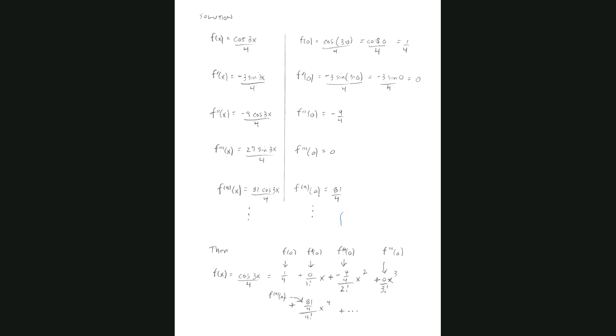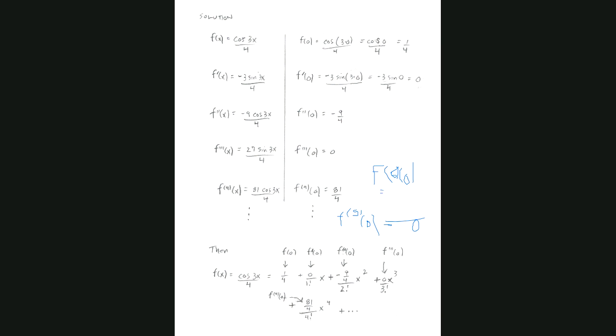We know that the fifth derivative at 0 is going to equal 0. And the 6th derivative evaluated at 0.